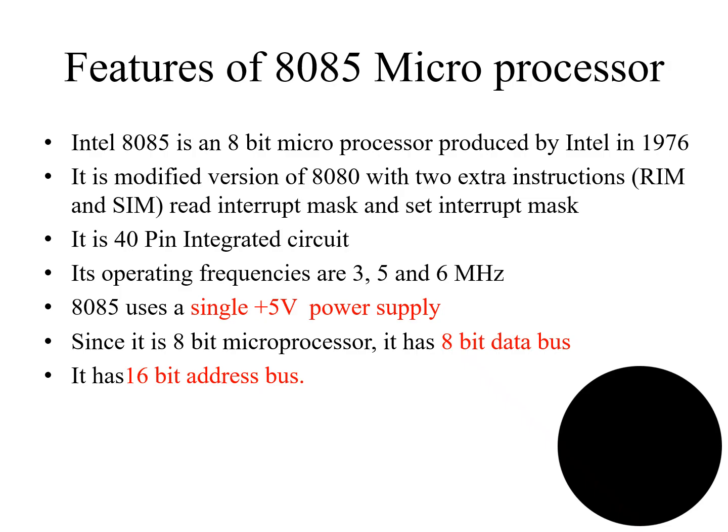As a day-to-day life example, imagine a post office. The function of a post office is to receive letters from different addresses. Similarly, the address bus tells where your data is located, and the data bus carries what data should be transferred to the particular location.